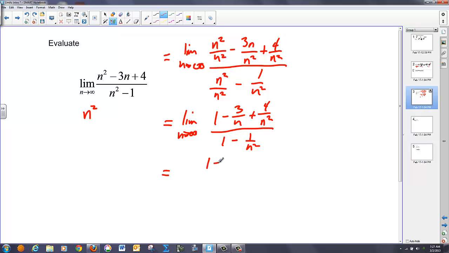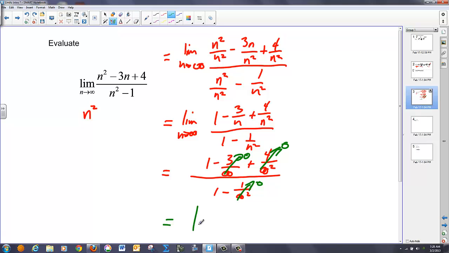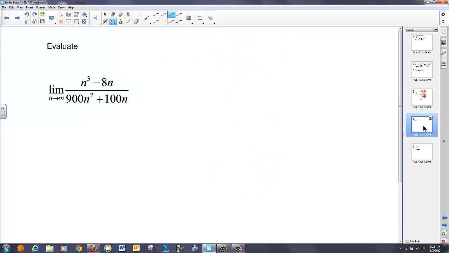I have 1 minus 3 over infinity plus 4 over infinity squared over 1 minus 1 over infinity squared. And as you can see, anything over infinity is going to be a very small number, so that goes to 0. This will go to 0, and this will go to 0. Thus, the limit of this function is going to be 1. Let's move to our next example.